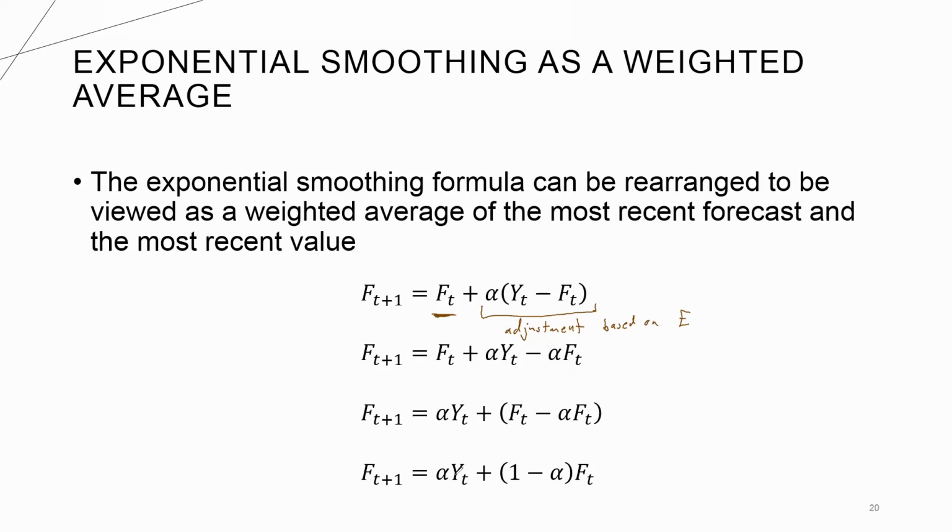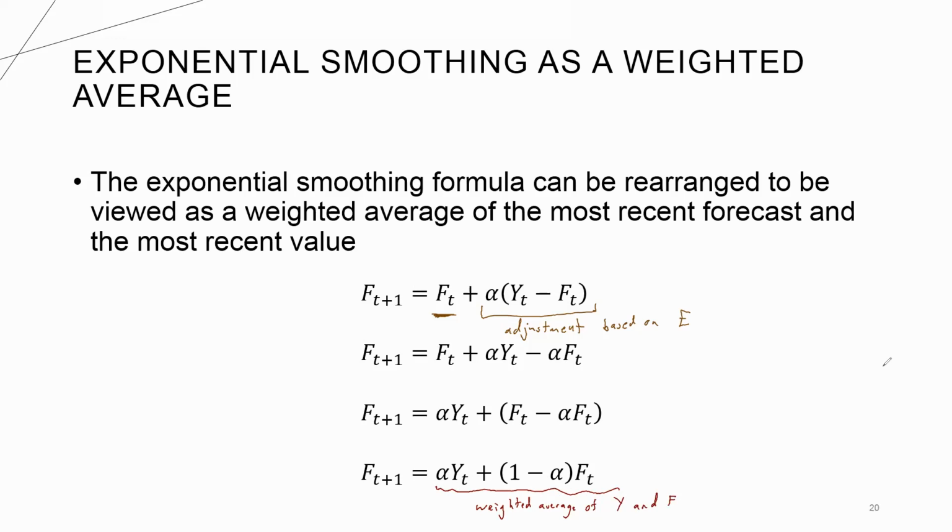But if you just do the algebra and rearrange the formula, you can see that it's also something you can think of like this. So this is the same formula, just rearranged using algebra. So now what this looks like is, this is a weighted average of the actual value and the forecast value, right? Where the weights are alpha and 1 minus alpha.